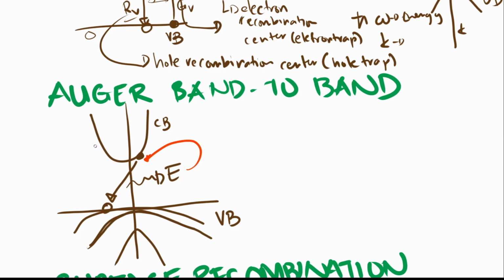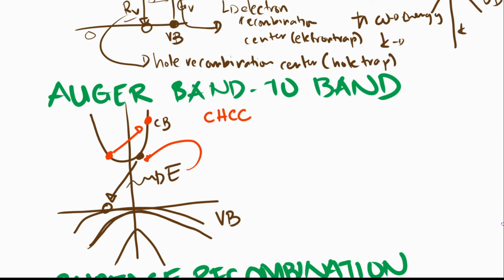One possible process is the promotion of an electron in the conduction band to a higher energy level. This process is the CHCC process. Conduction band to heavy hole recombination produces a conduction band electron promoted to a higher conduction band position, CHCC.